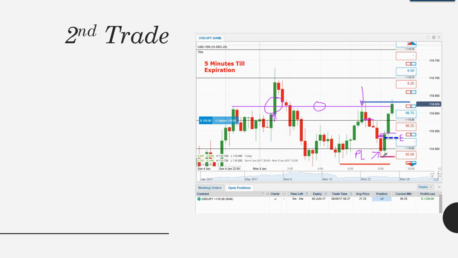But it is a pivot low. A pivot low will do what? It will push price up. You're long. You want it to push price up, okay? And what happens? It does push price up.